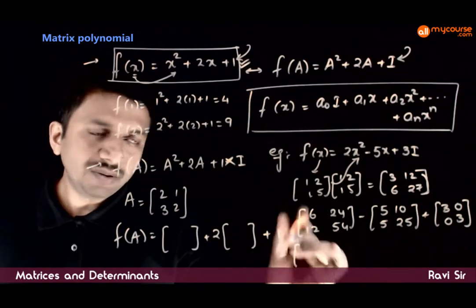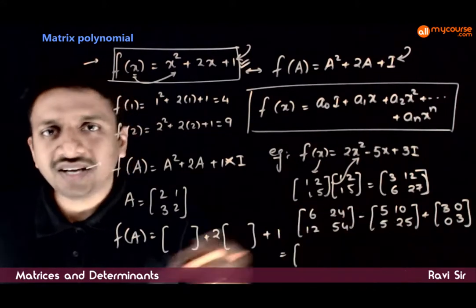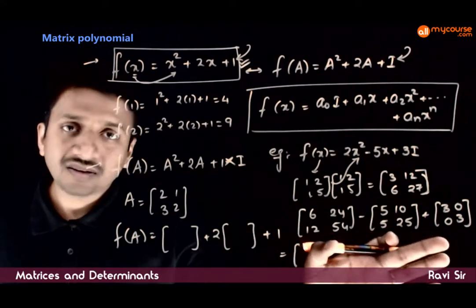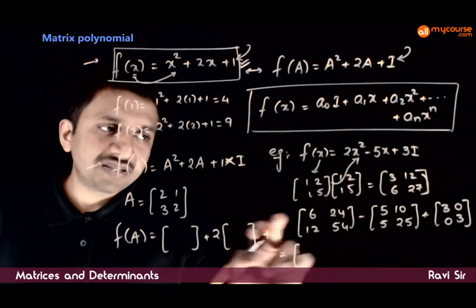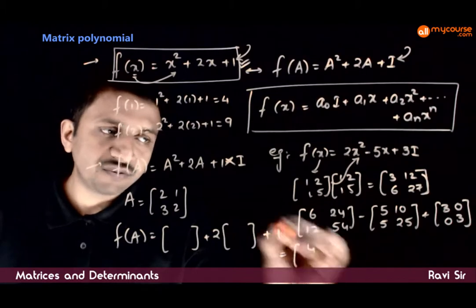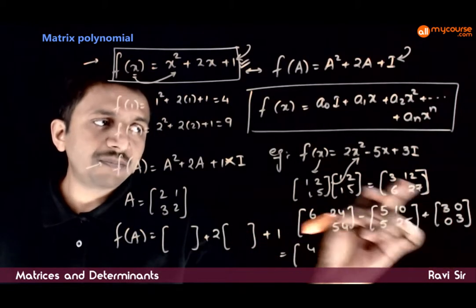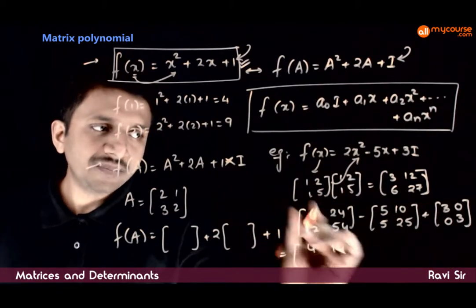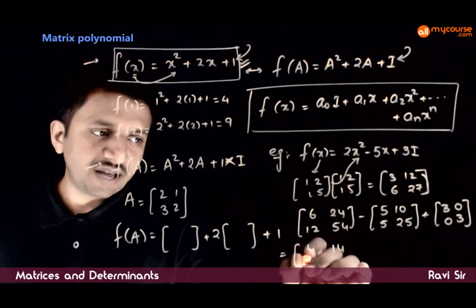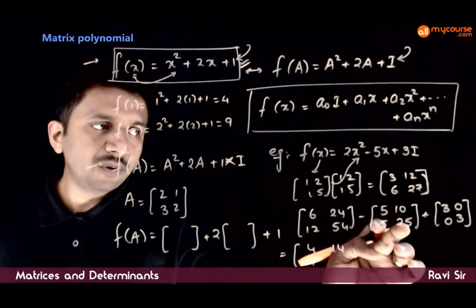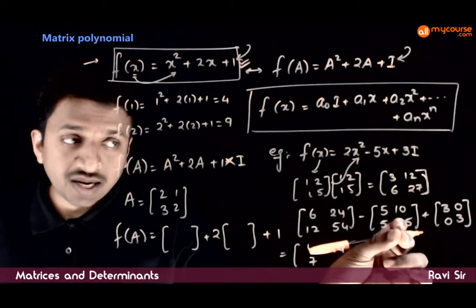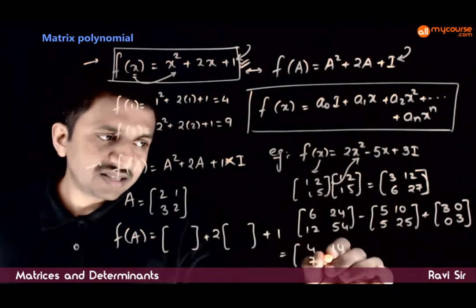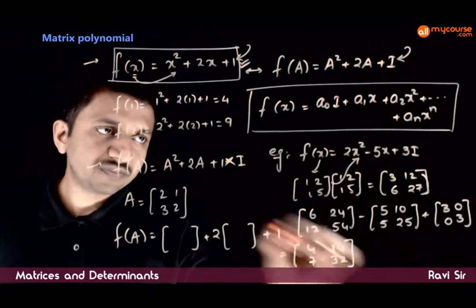You can do the addition and subtraction according to the principles. So 6 minus 5 plus 3, that is 9 minus 5 is 4. 24 plus 0 minus 10 is 14. 12 minus 5 is 7. 54 minus 25 plus 3: 54 minus 25 is 29, plus 3 is 32.